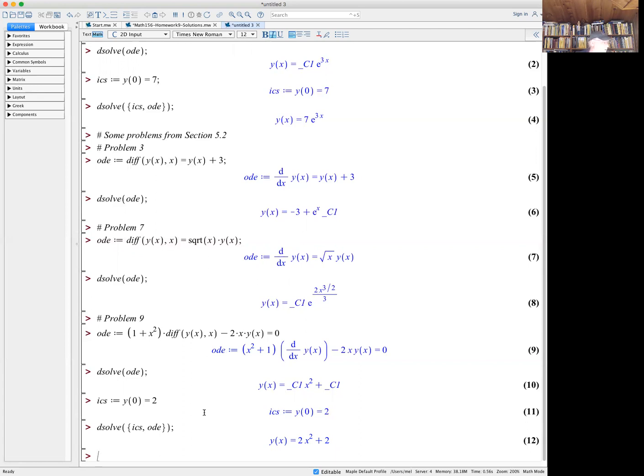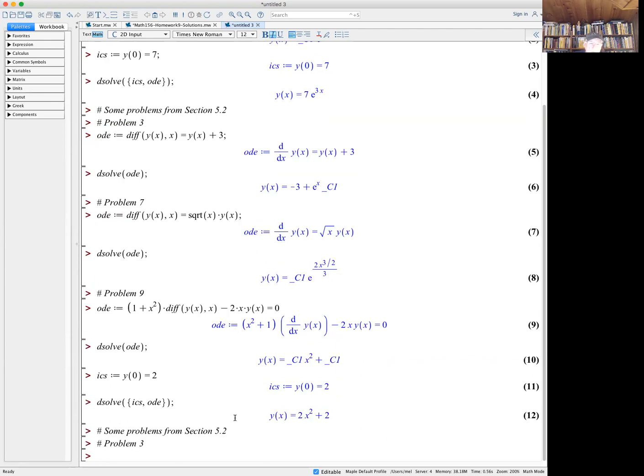Let's look at some of the problems in section 5.3. So in section 5.3, let's start with problem 1. dy dx equals x over y.